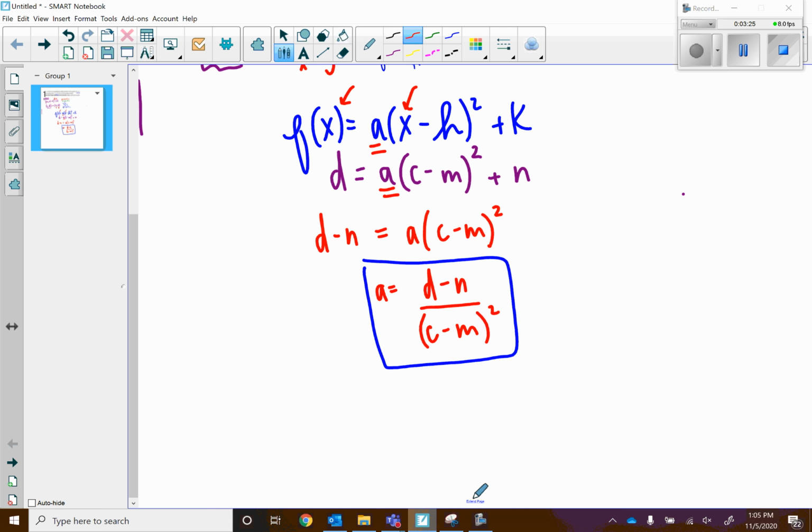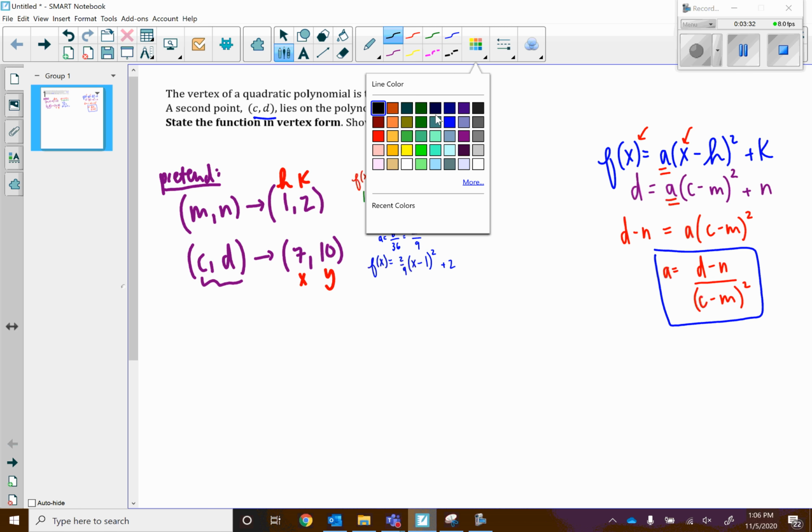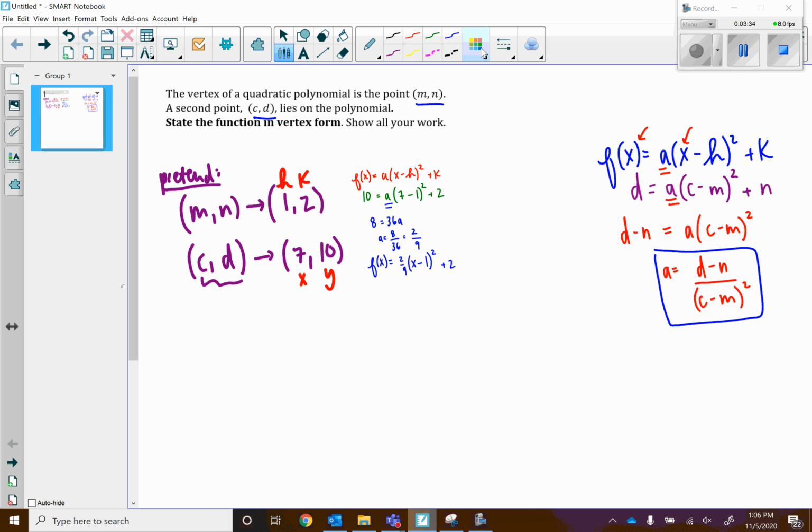So for our final answer, let's take that a value that we calculated and plug it back in, leaving f(x) and x. Instead of a, I'm going to put d minus n all over the quantity c minus m squared.